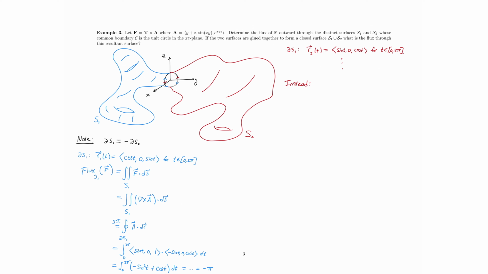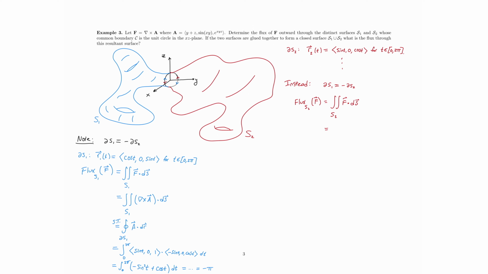We know that the boundary of S1 is the opposite, or at least it's oriented oppositely of del S2. So this means that, for instance, if we want to know the flux of F through S2, we know that this is the double integral over S2 of F dot dS.